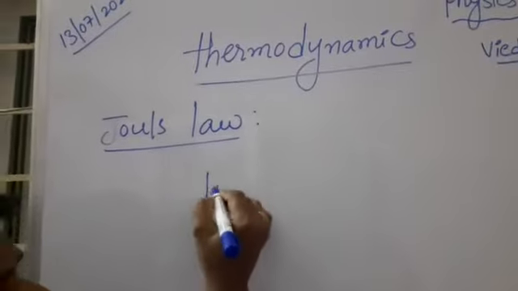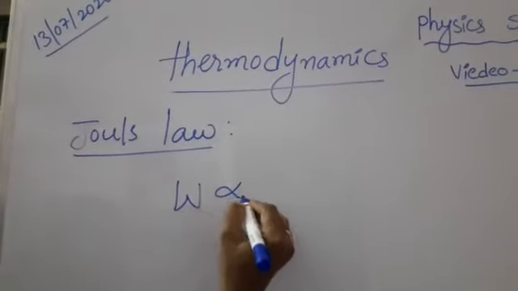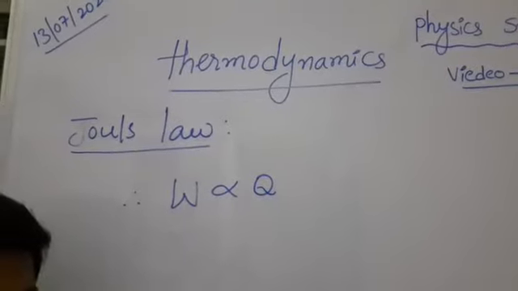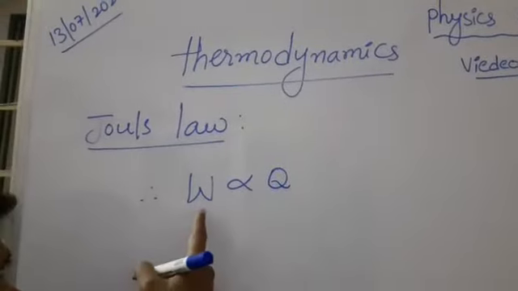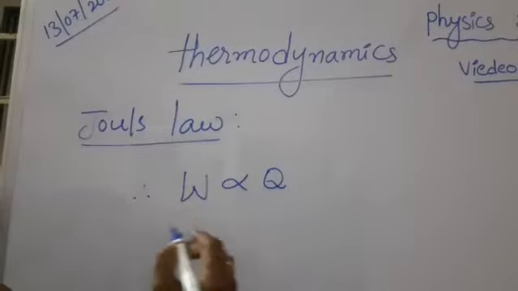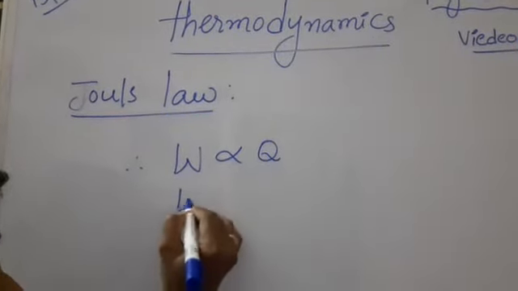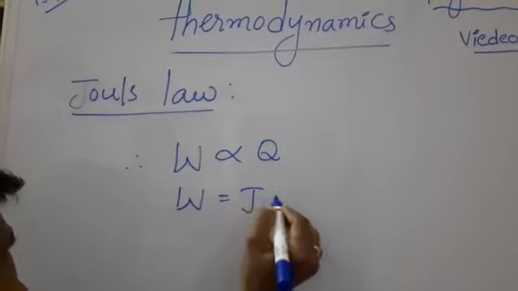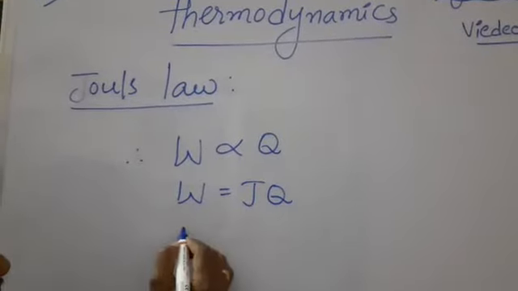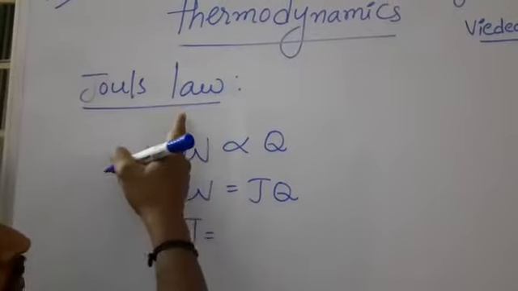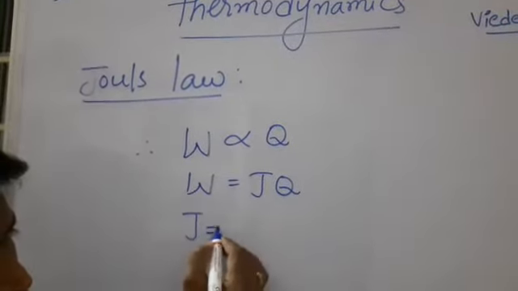That is, W is directly proportional to Q. The amount of heat generated or produced is directly proportional to the work. So W is directly proportional to Q. W is equal to J into Q, where J is Joule's mechanical equivalent of heat constant.